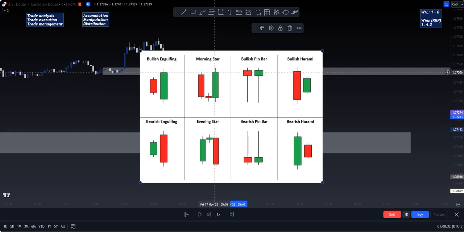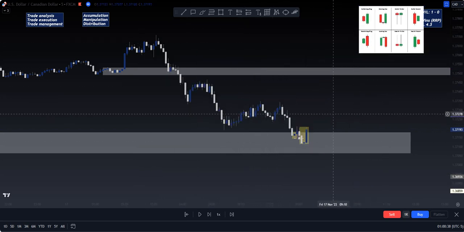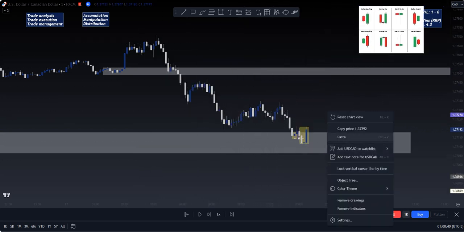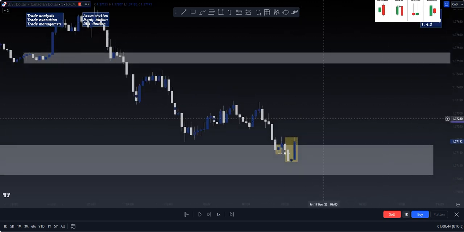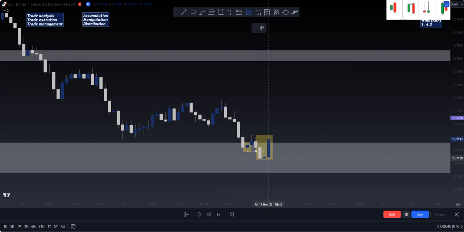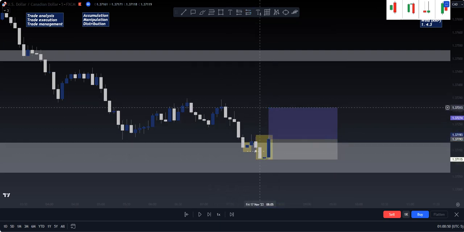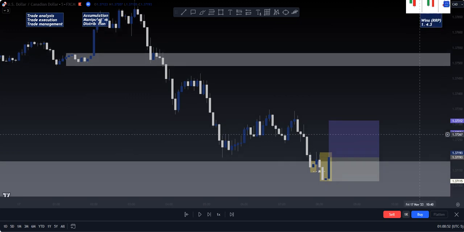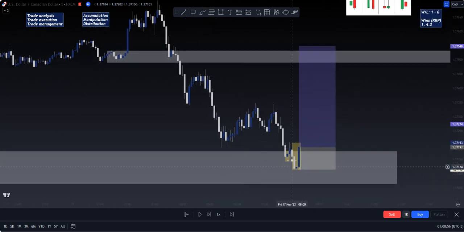An engulfing candle that engulfs the last bearish candle that was there before. Okay, so this is where I'd be getting in. Right when that candle closes, stop loss goes below the low, half a pip below the low, and we sit in our trade.